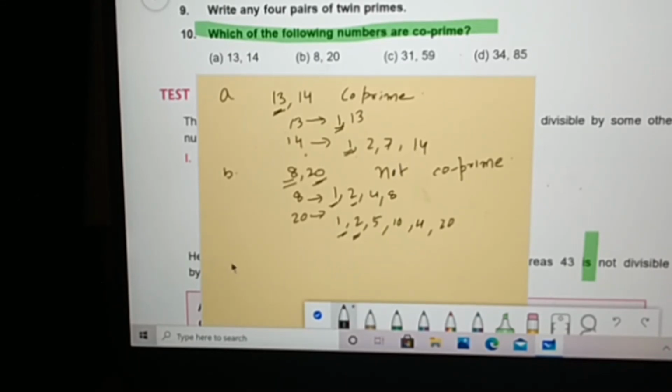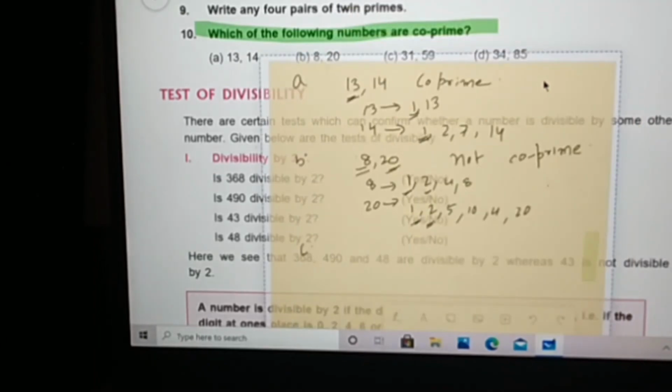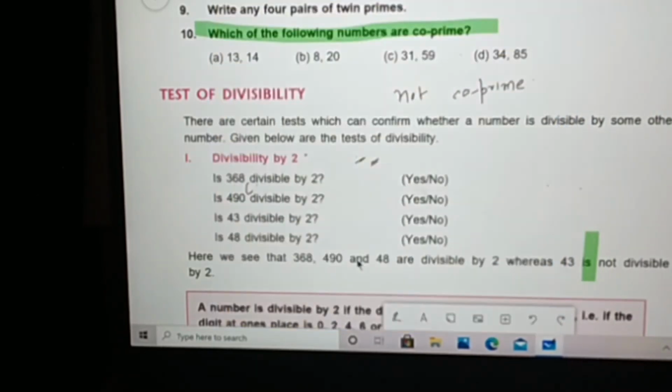So now we have C. In C we have 31 and 59. So we check it for 31 and 59. So let's do that.